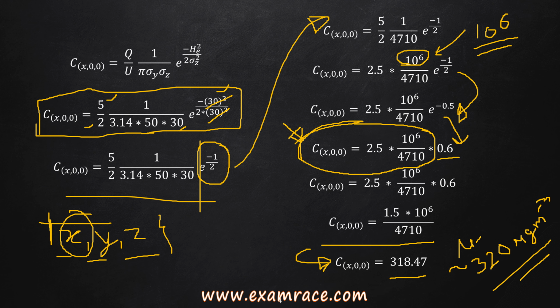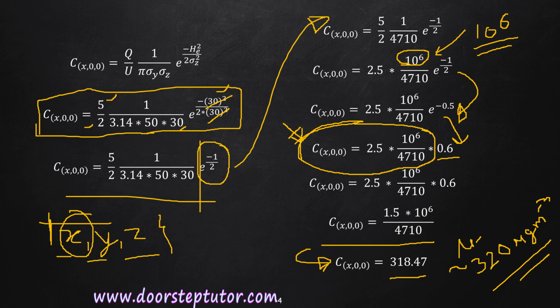As I have used a calculator, I know the value of e to the power minus 0.5. If you don't know the value and don't know how to solve, I would suggest that you solve this part, and by solving this part you can get an approximate value or an idea of what the answer should be.